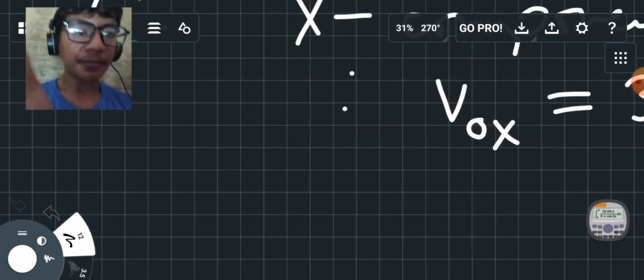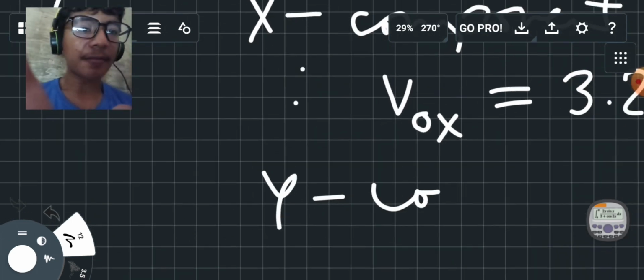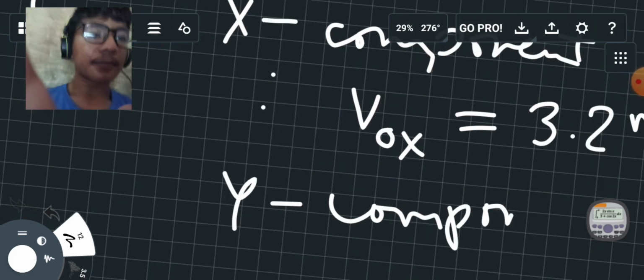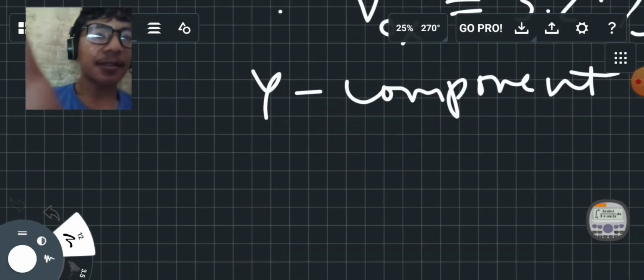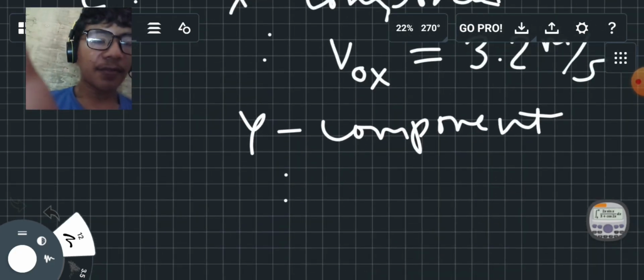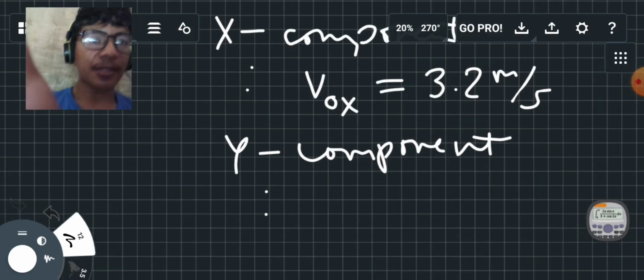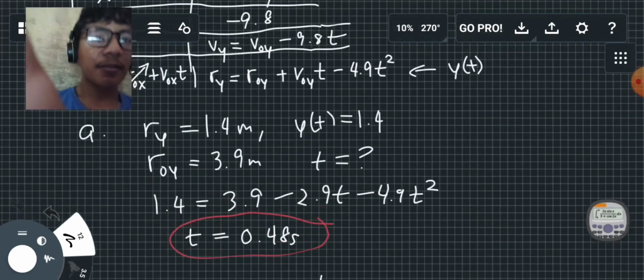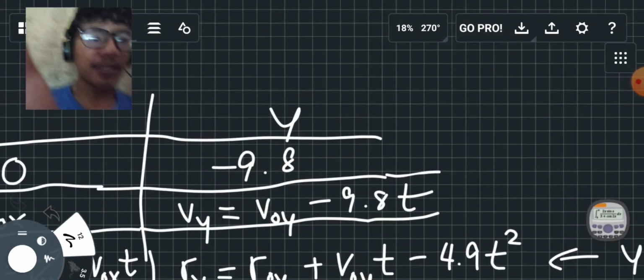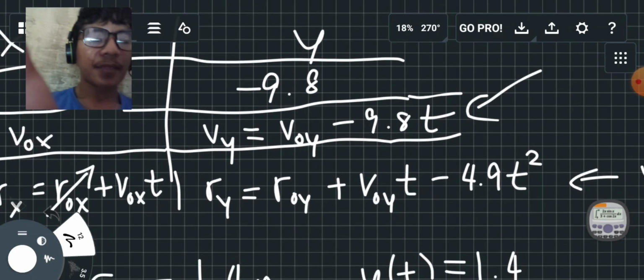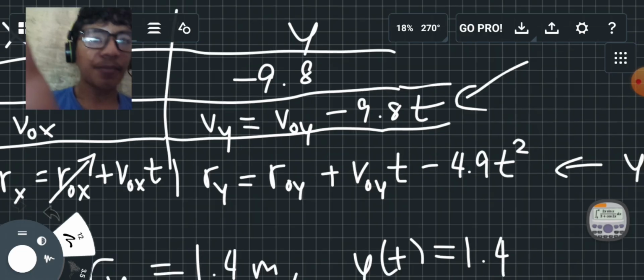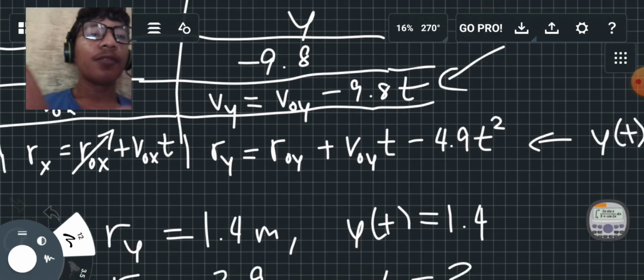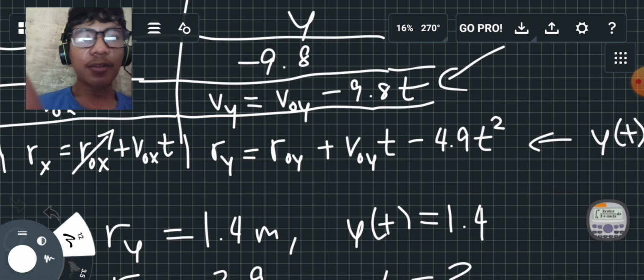But what about the y component? Since we are looking for the velocity in the y component here, in our table of formulas, this is the one that we should use. v sub y equals the y component of the initial velocity minus 9.8 t, for which t is when you caught the ball.